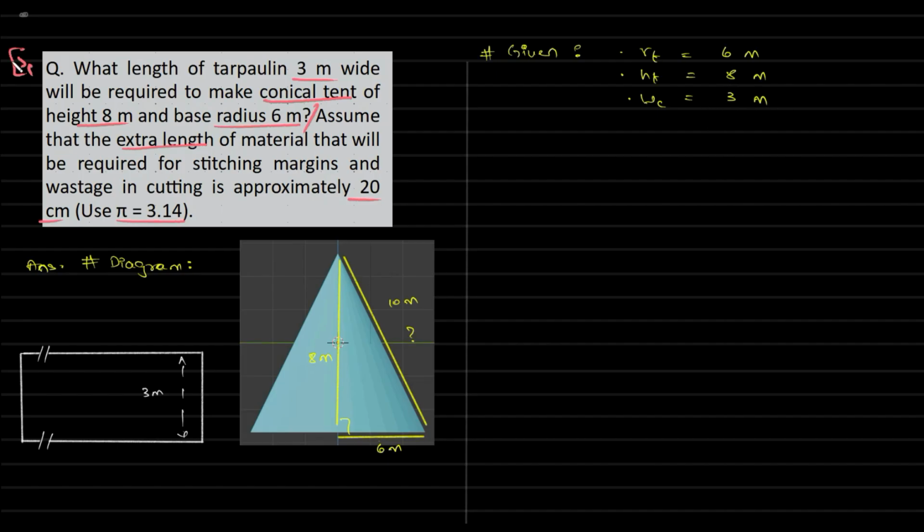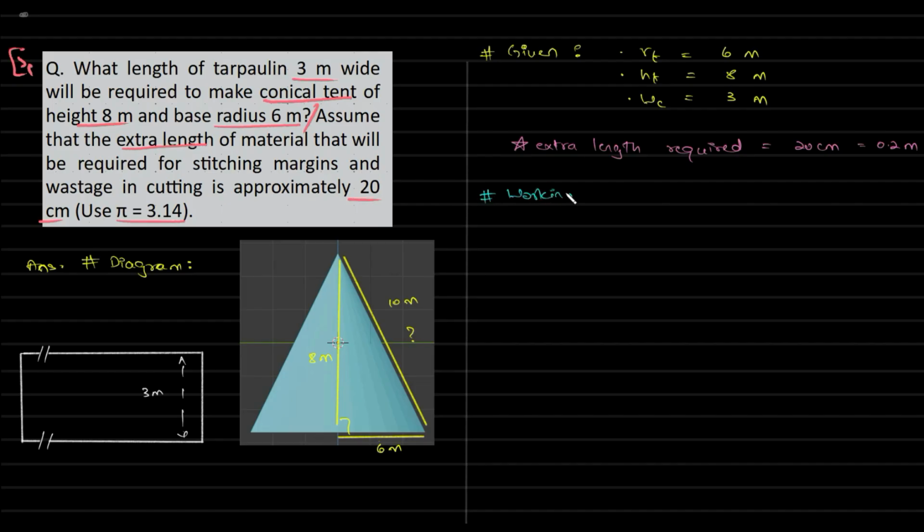And we have the extra length that is required, which is 20 centimeters, that is 0.2 meters. It's important for us to convert everything to one unit. Here it's convenient to convert it to meters, because this is to be added at the last, so this won't matter.